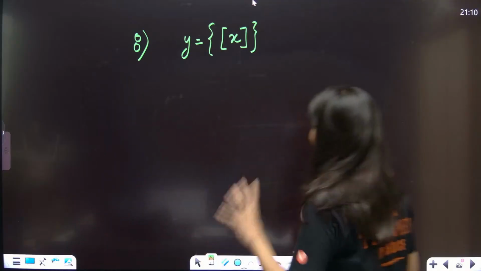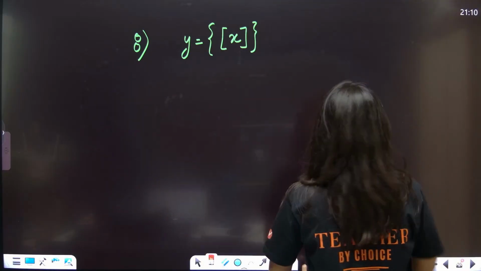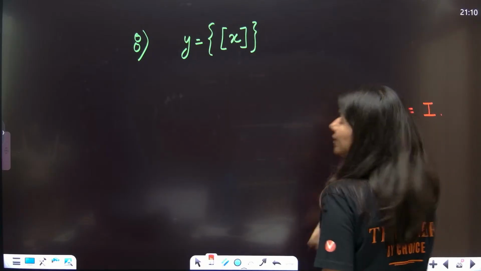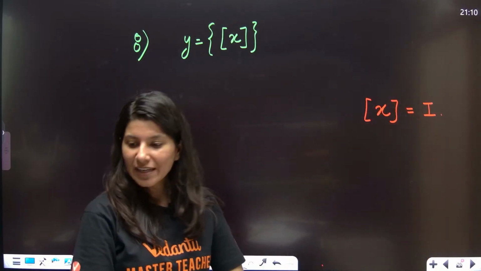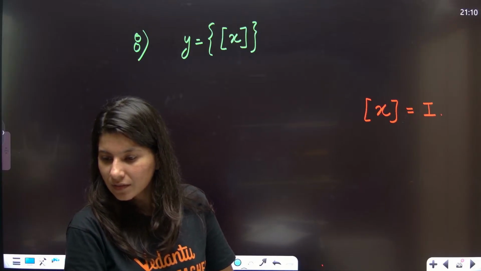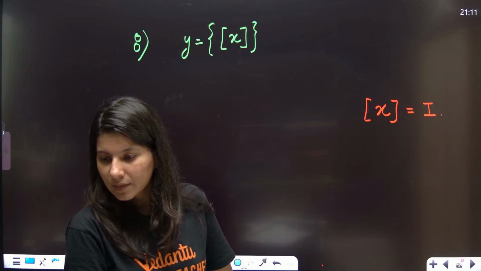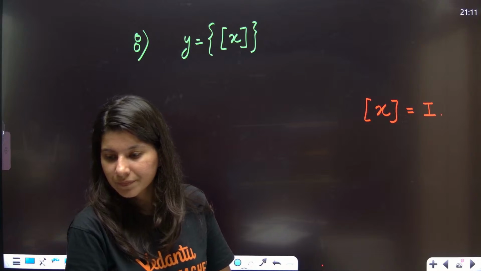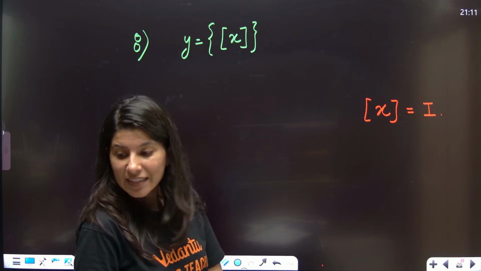Again, Ronit, just tell me, GIF of x is nothing but all the integers. The output of GIF is always what? Output of GIF is integer.